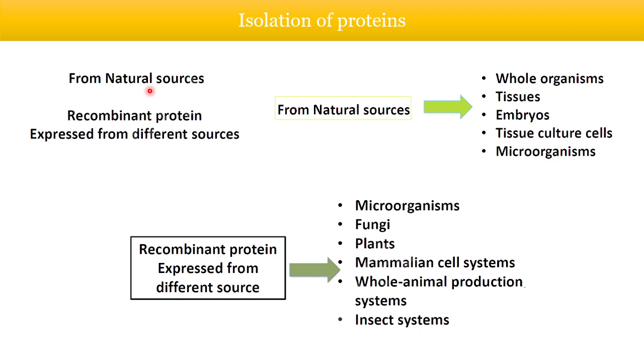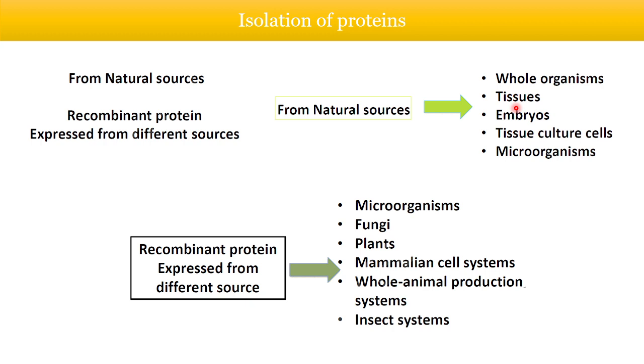So what are the different natural sources which are available to us? One includes the whole organism. There can be certain tissues which express proteins. Then there are the embryos, the tissue culture cells, and the microorganisms. These are the natural sources from where we can isolate the proteins. The other form being the recombinant means, which includes plants, fungi, other microorganisms, mammalian cells, and insect systems.